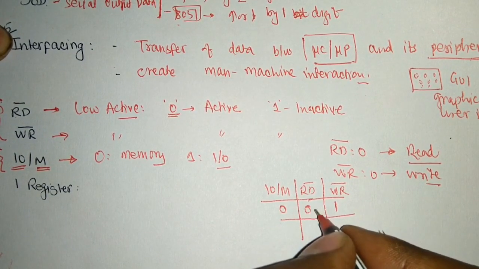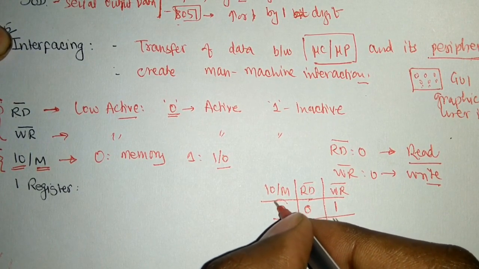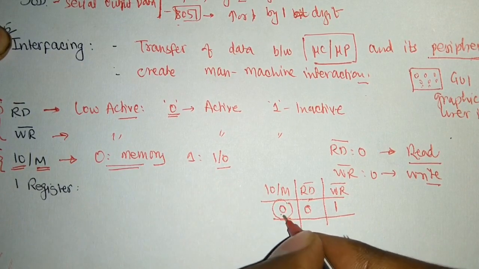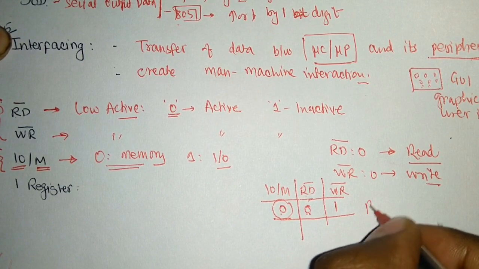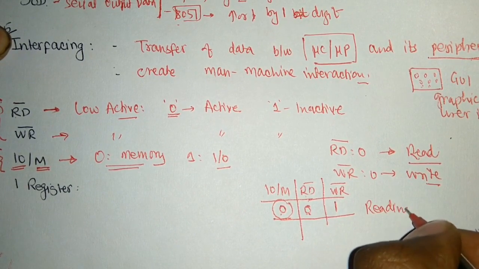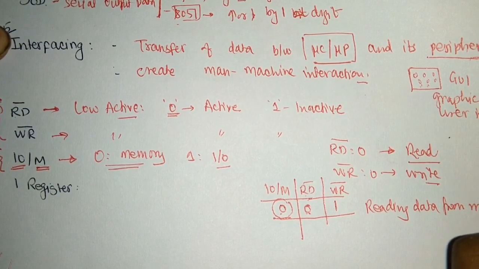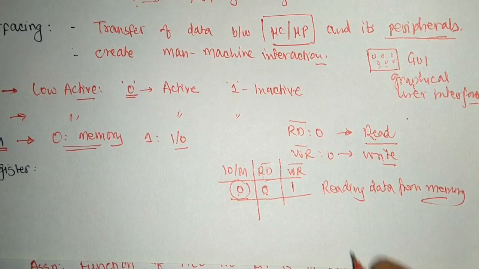It says input output memory 0, means the functioning is being done with the help of memory. 0 means with respect to memory. Then read bar is 0, means it is going to read the data. So it is reading data from memory. Very simple, right?